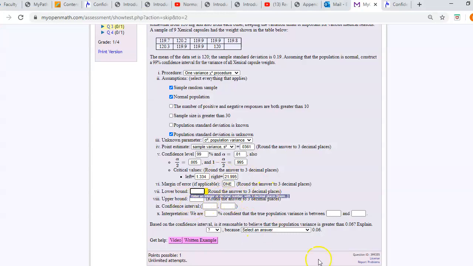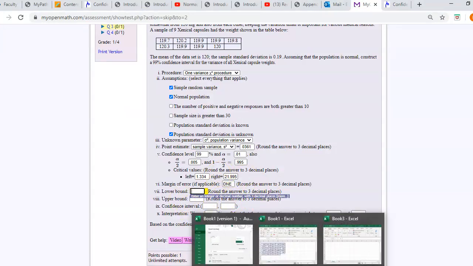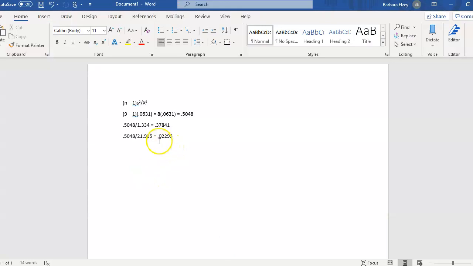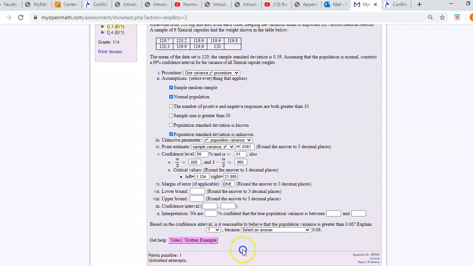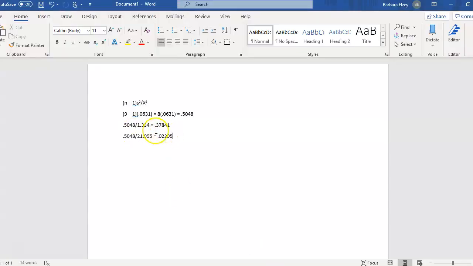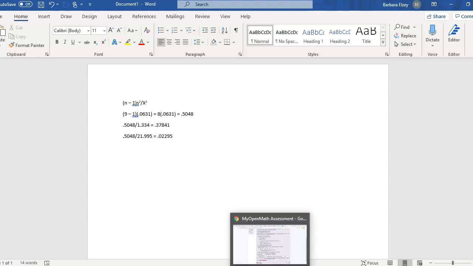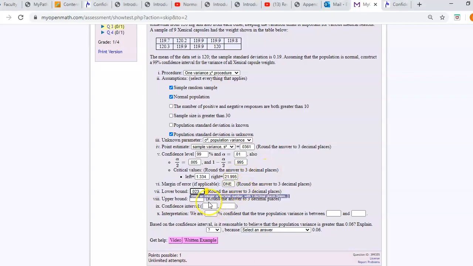Yes, answer to 3 decimal places. So I want to put 0.023 for the lower bound, and 0.378 for the upper bound. And my confidence interval is those same numbers.